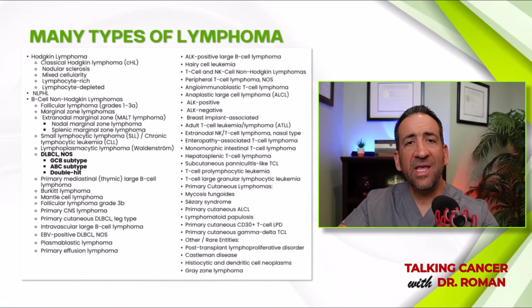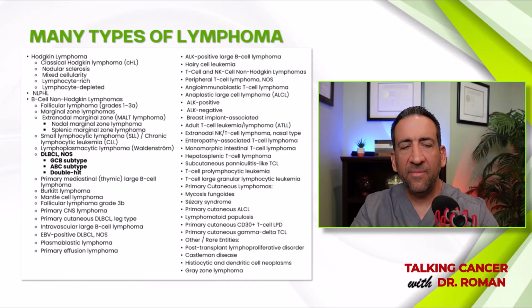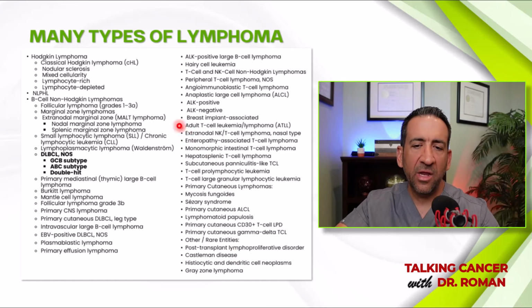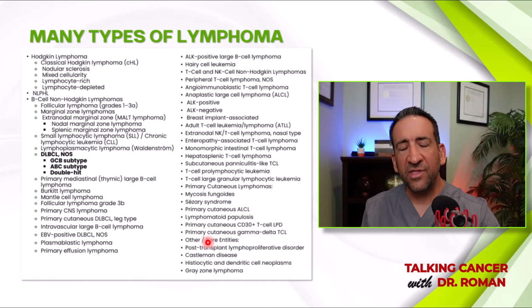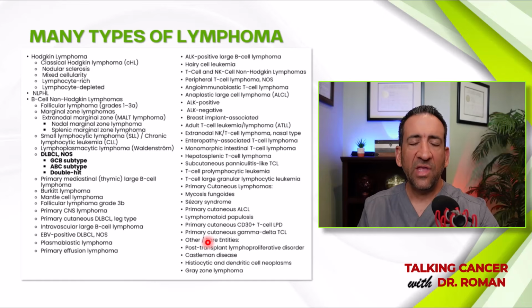All right, so the first thing that I want you to understand is that there are many different types of lymphoma. As you can see on this slide here, these are all different types of lymphoma. So can you imagine, a lot of these lymphomas have different treatment plans, different diagnostic tests. So this is one of the reasons that lymphomas are so complicated. So the first thing that you want to make sure is that you have been appropriately diagnosed.